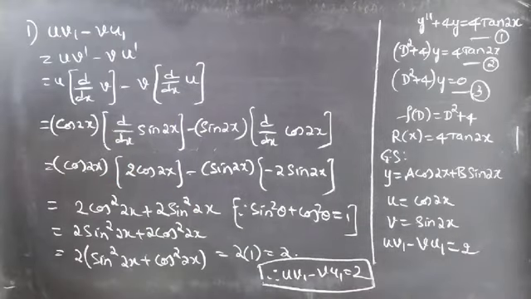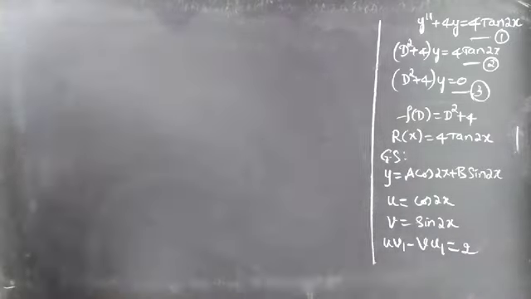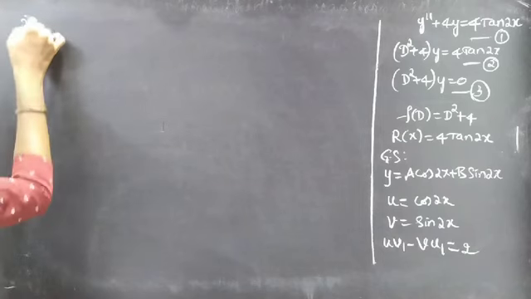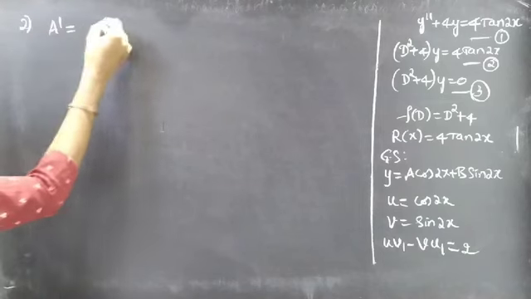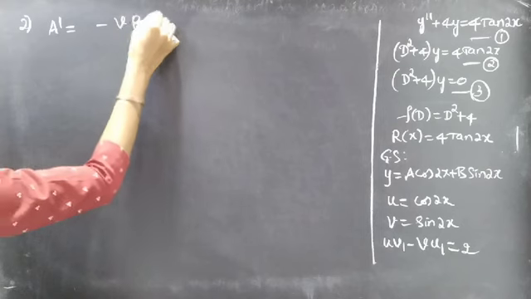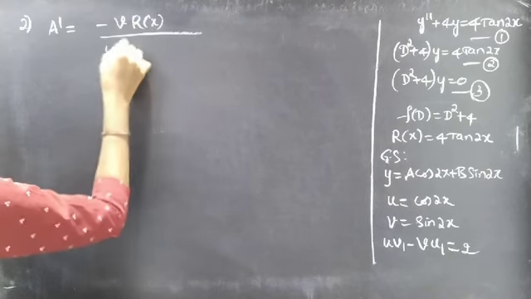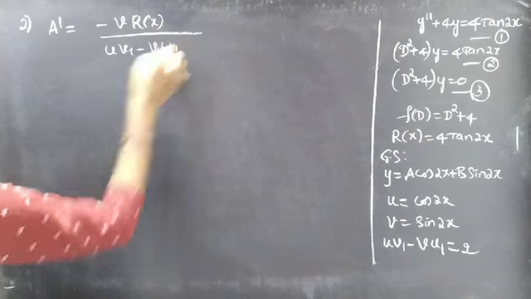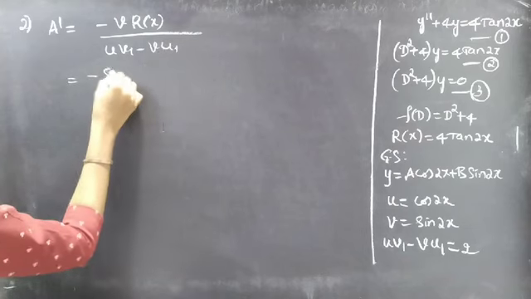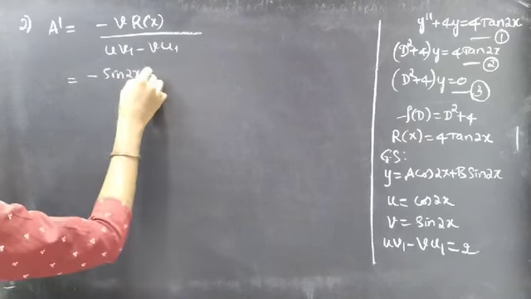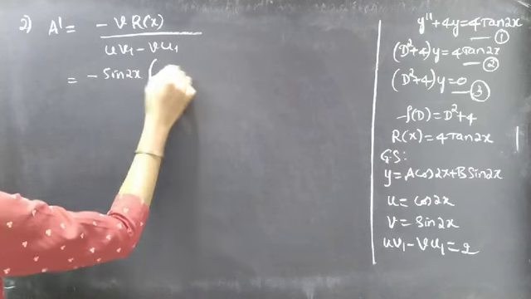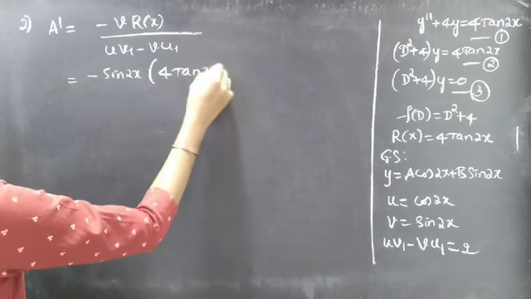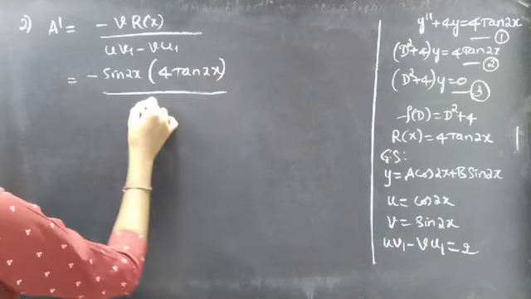Now let's find a dash. A dash is given by minus v into r of x by uv1 minus vu1. This equals minus v, sin 2x, into r of x, which is 4 tan 2x, by uv1 minus vu1, which is 2.